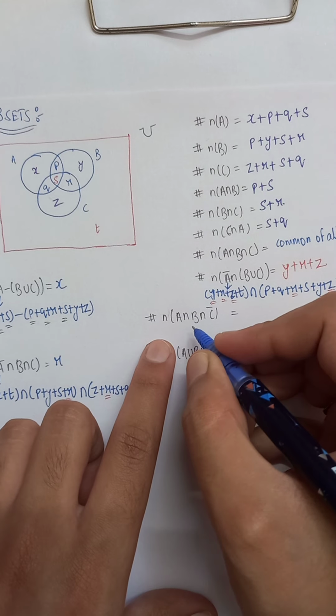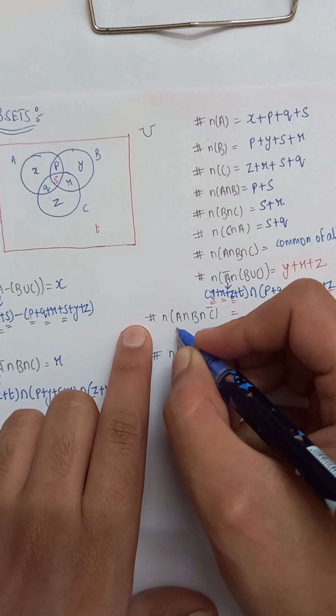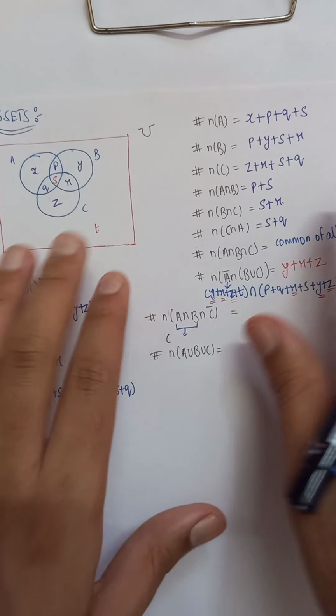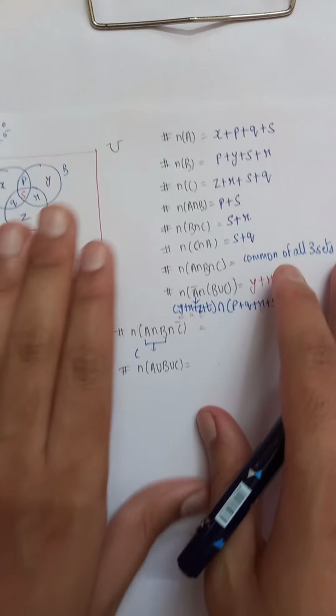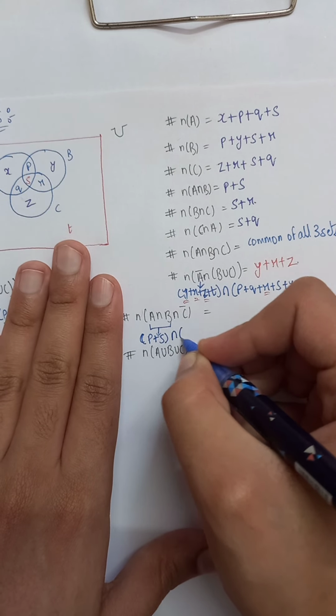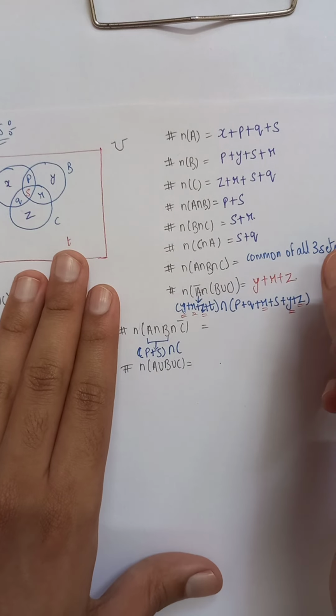Okay, so now number of elements in A intersection B. What are the number of elements in A intersection B? I see number of elements in A intersection B is P plus S. And number of elements in C complement.